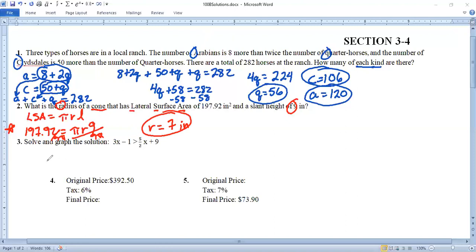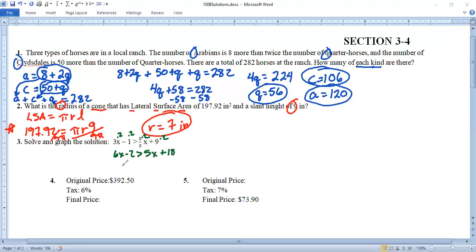All right. Number 3, solve and graph the solution. 3x minus 1 greater than 5 halves x plus 9. Do we have any parentheses? No. Do we have any fractions? Yes. So let's times everything by 2 everywhere. And we get 6x minus 2 greater than 5x plus 18.